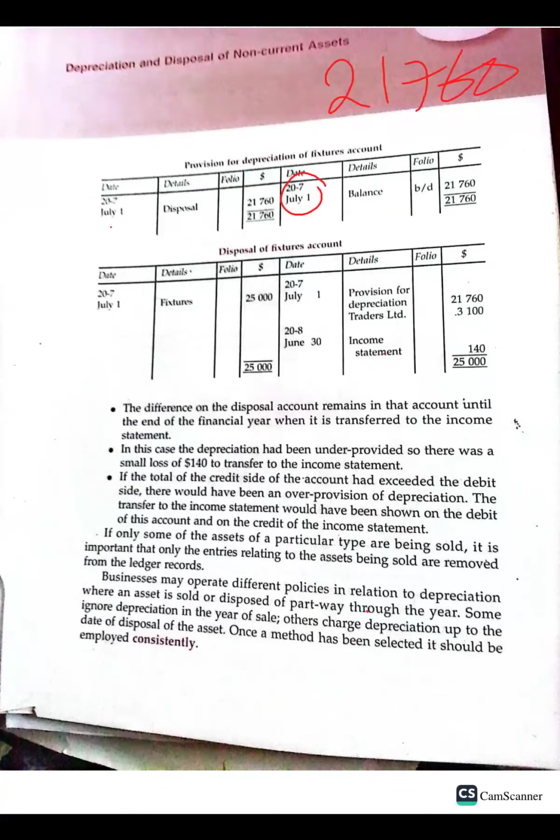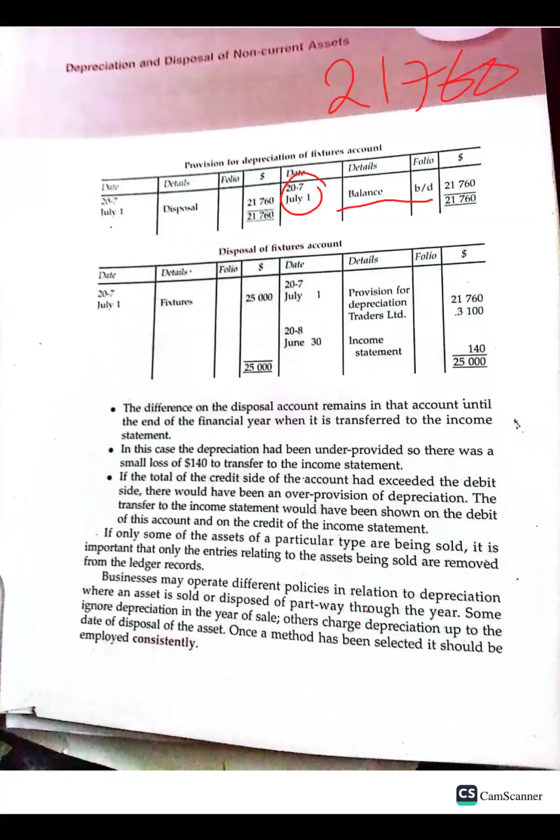So to observe double entry, if you debit the other account, then the other account should be credited. So you're going to credit the provision for depreciation account, and with the balance brought down from the previous period, it was 21,706. That's the balance that you brought down from the previous period.